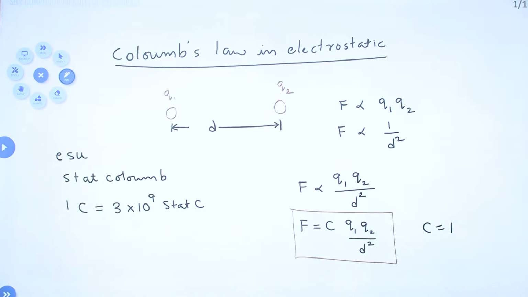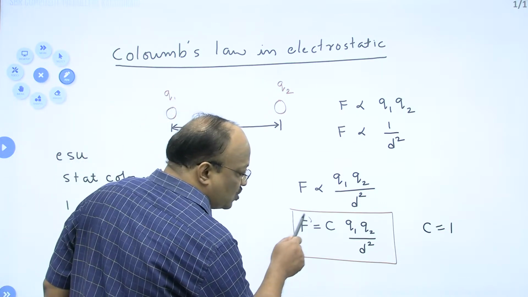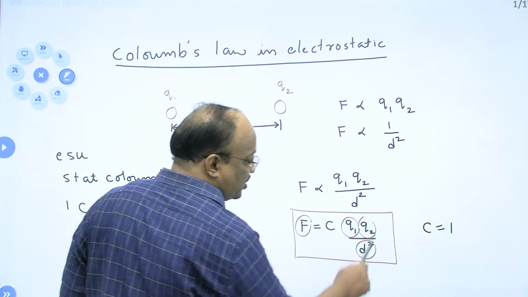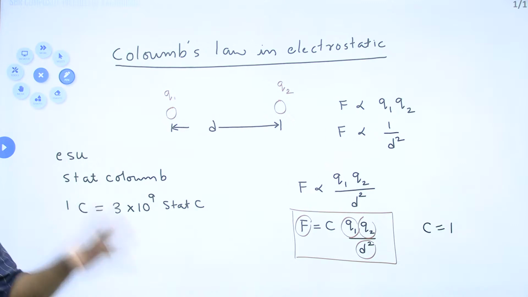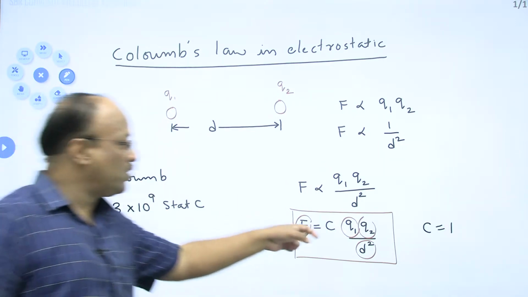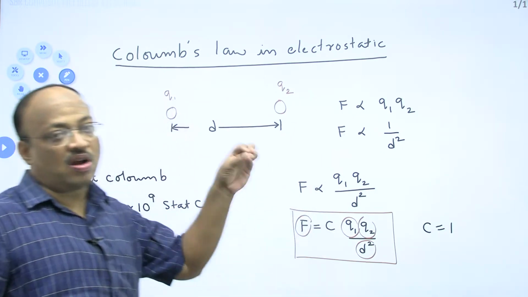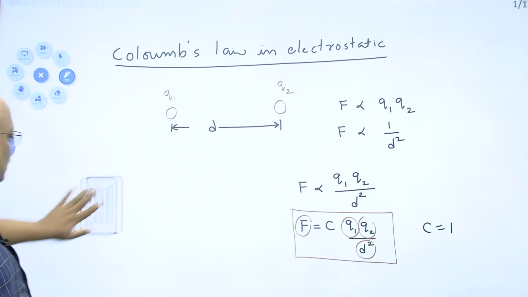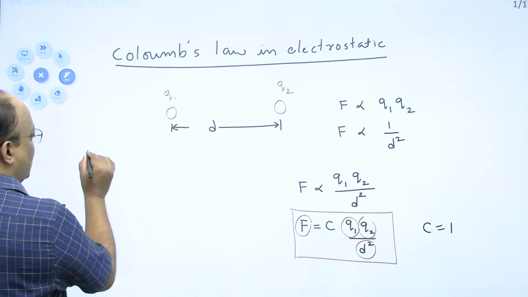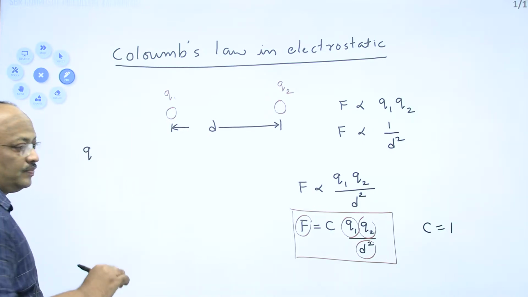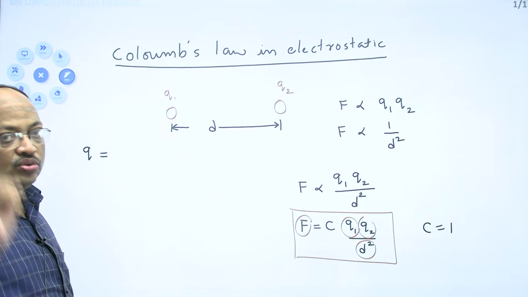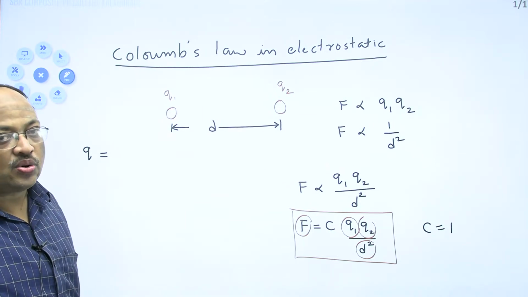Now this force, charges, and distance, all these I want to convert into SI. So what will be the value of this proportionality constant in SI? We will see. So first the charge: 1 coulomb is equal to 3 into 10 to the power of 9 stat coulomb.